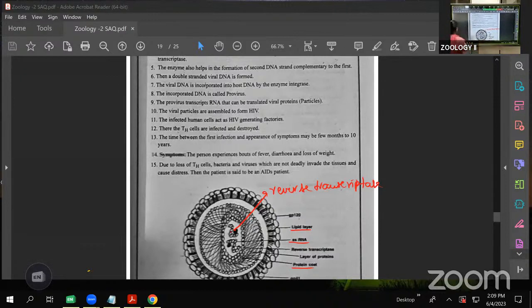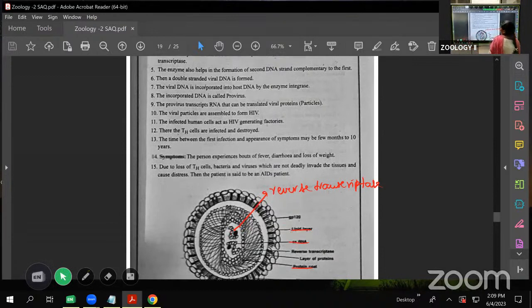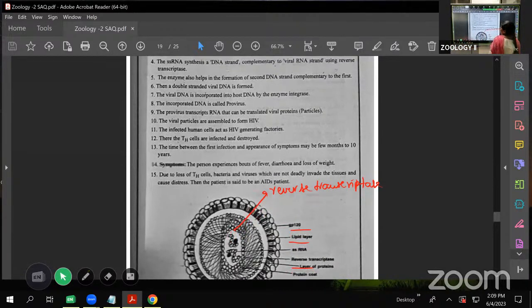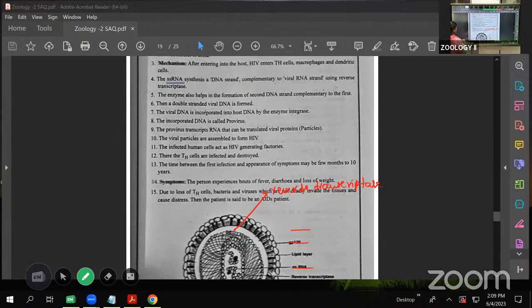Next, the structure. Inside is the ssRNA, which is the genetic material.